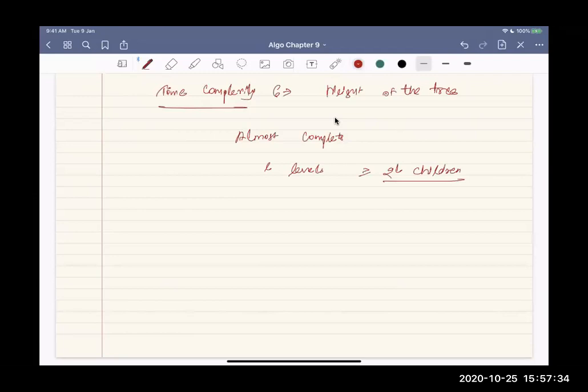So time complexity is nothing but order log n. And this is all good. So I can do insert in order log n.